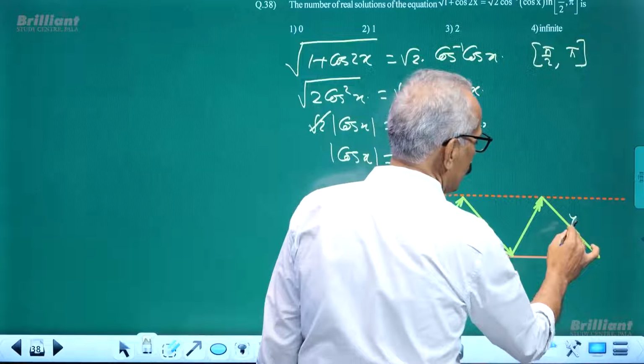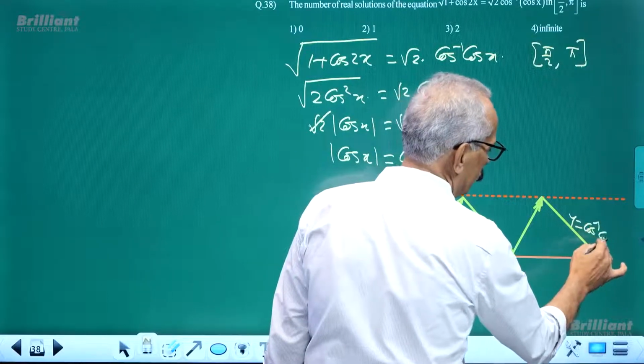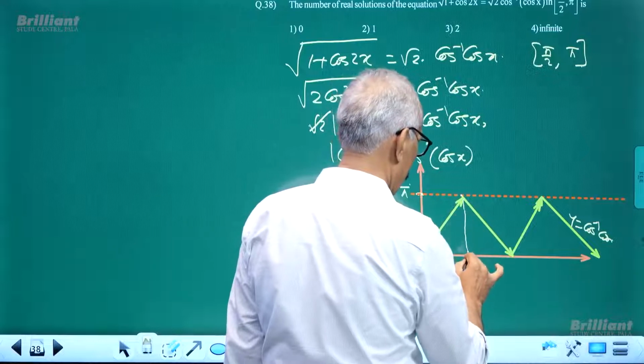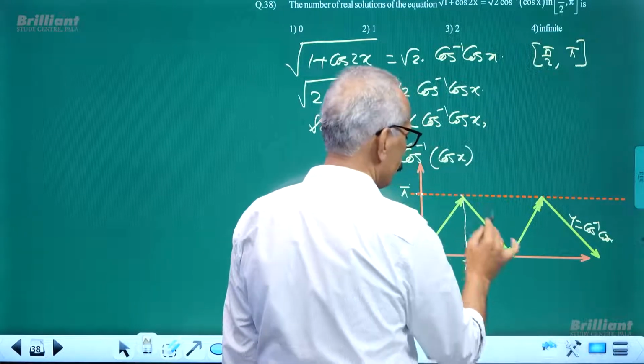Graph of y is equal to cos inverse of cos x. ഇത് പൈ, x ആണ്.